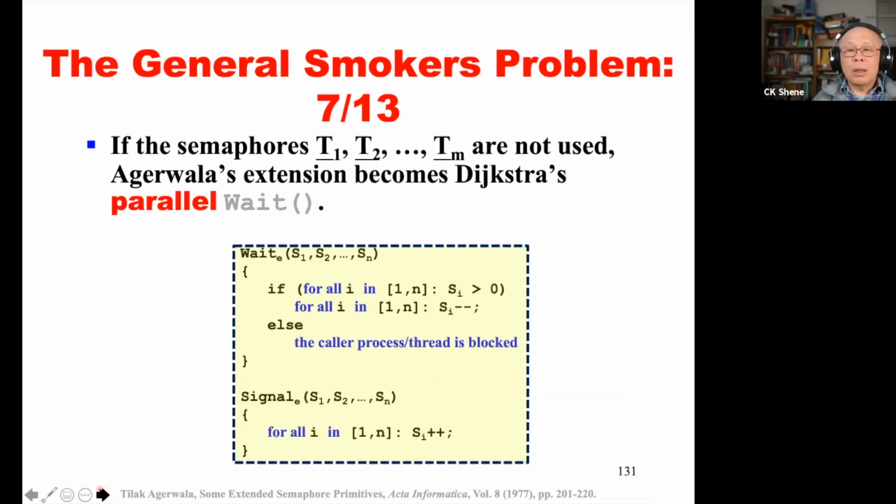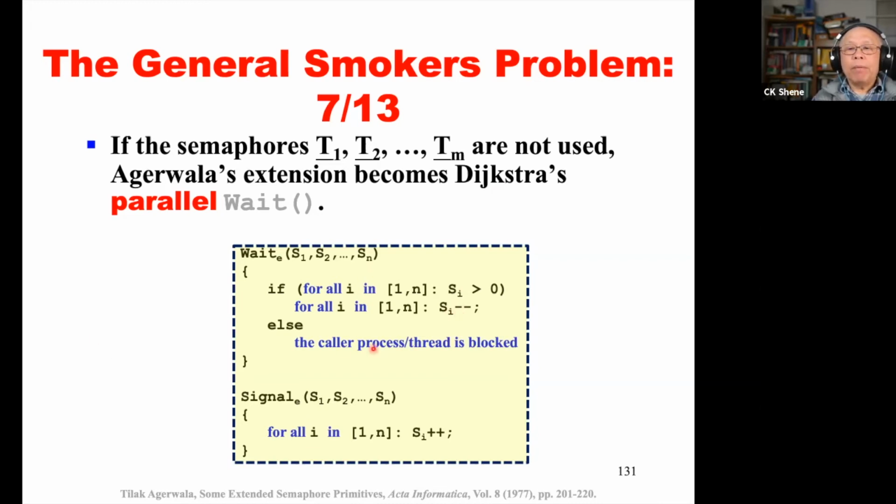Now, with this kind of extended semaphore, how powerful is it? If we do not use the T set, Agerwala's extension is just like Dijkstra's parallel wait. So we remove the T set. When we call wait E, the caller will not wait if and only if all counters in the S set are greater than 0, and their values are reduced by 1 on return.